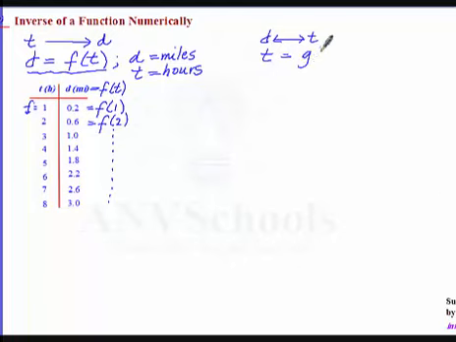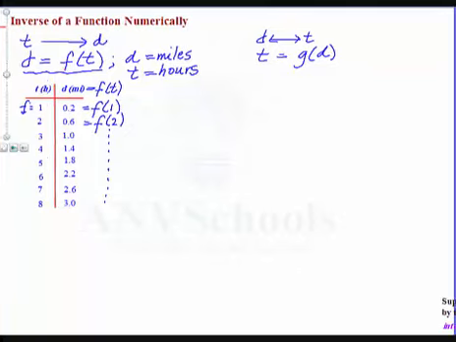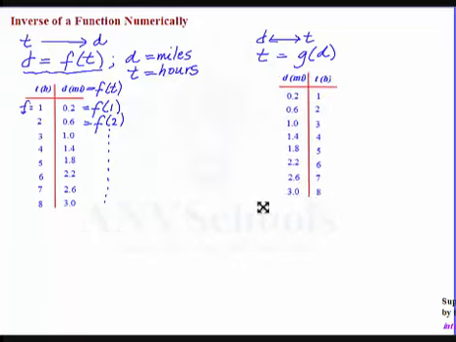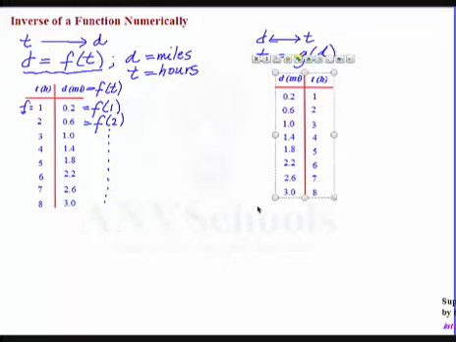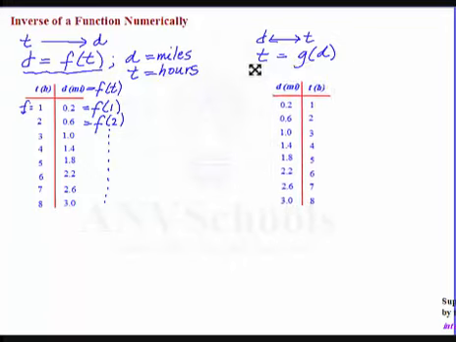So let's say this is g of d. Then we will have this inverse picture in here. So this would be our new table. We have the distance, which is in miles, which is a function of t, which is in hours.